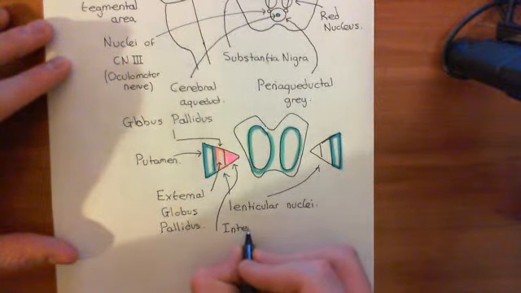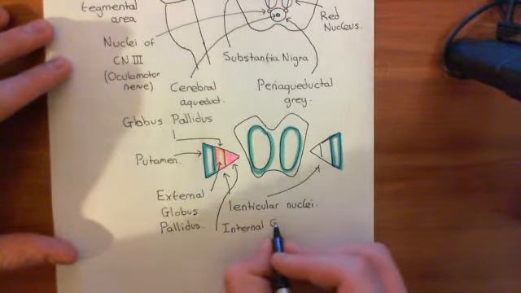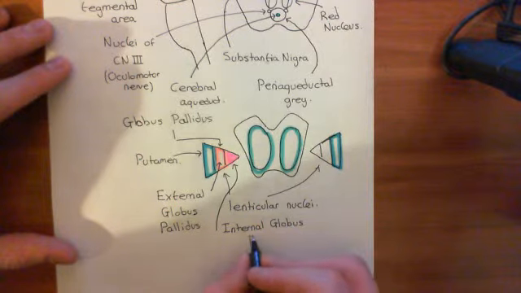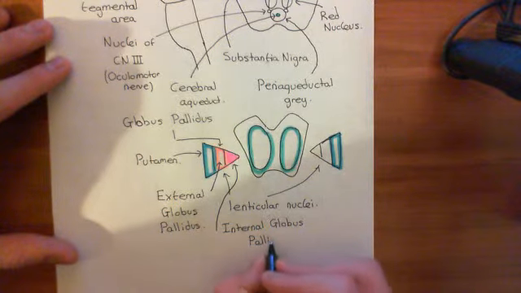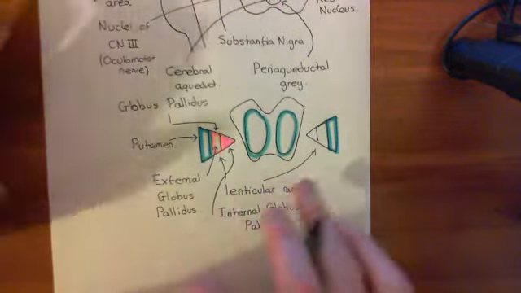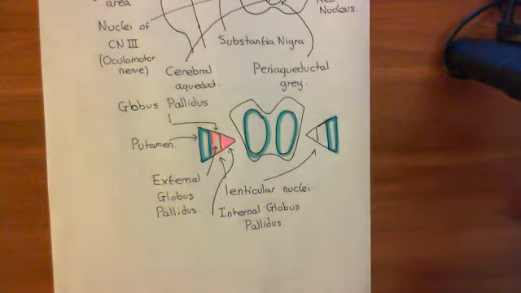Now, these structures are not relevant for the mesolimbic dopamine pathway. However, I'm showing you them so that we can understand the position of the nucleus accumbens. Right, so we've now done these lenticular nuclei, which are the combination of the putamen with both the external and internal globus pallidus.